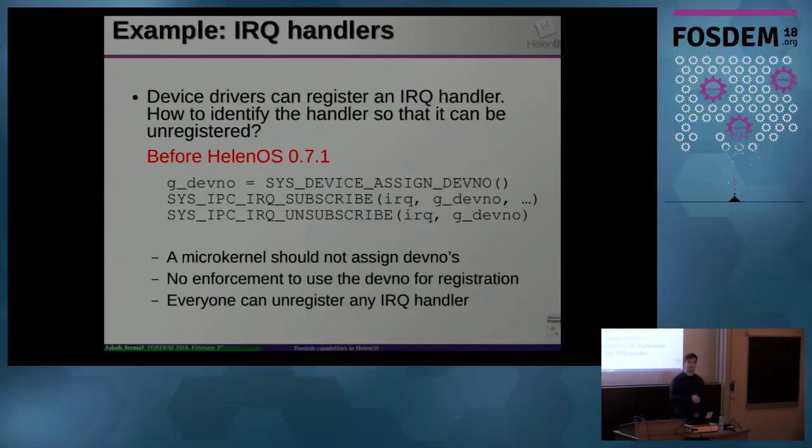But the more serious problems were that the API doesn't require the caller to actually use the returned identifier, and instead the caller can use any number of its choosing. So for registration it can make up something of its own, and even more serious, for unregistration it can deregister interrupt handlers of an arbitrary other task.